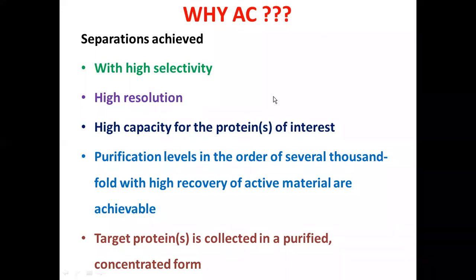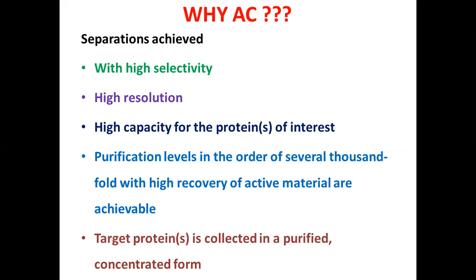Therefore, with high selectivity, high resolution and high capacity for the protein of interest, the affinity chromatographic technique will yield satisfactory results. Purification levels in the order of several thousand fold with high recovery of active material are achievable by this affinity chromatography. But from other chromatographic techniques, we cannot anticipate all these things.